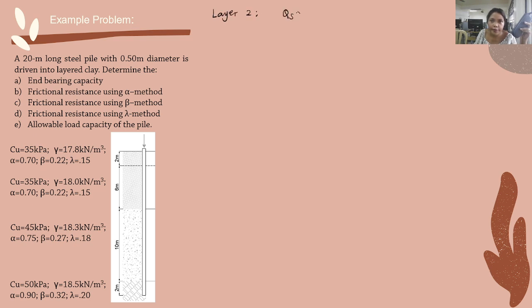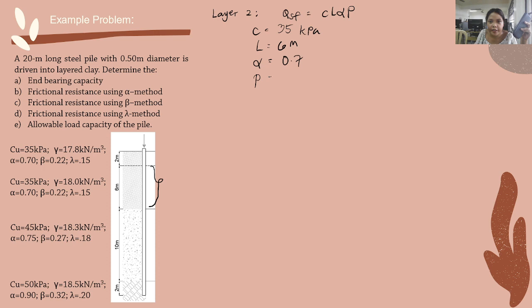Going to the next layer of our pile, we have layer 2. Qsf is again CLAP. The C of the second layer is 35 kilopascal. The length of the second layer is 6 meters, so follow the dimensions. Alpha is also given in the problem, 0.7.